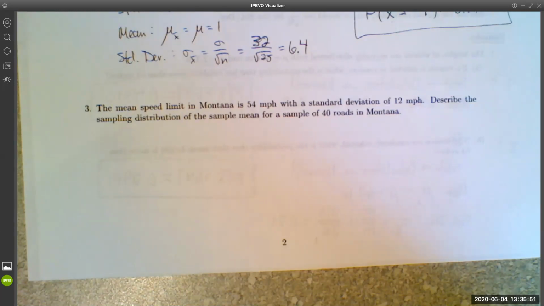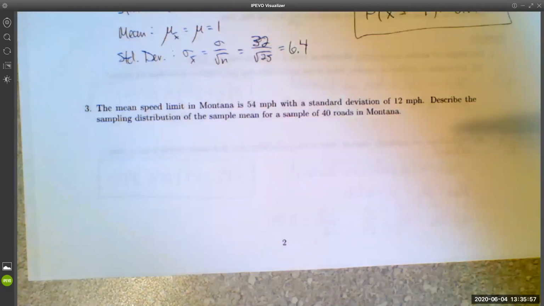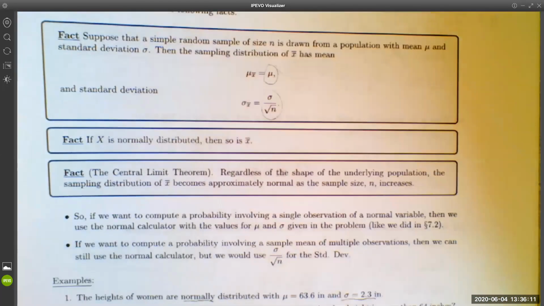Okay. When they ask you to describe the sampling distribution of the sample mean, what they're asking you to do is to describe what is the shape of the distribution, what is the center of the distribution, and what is the spread of the distribution. And for each of those things, we have a result which we've already covered on the previous page, right?